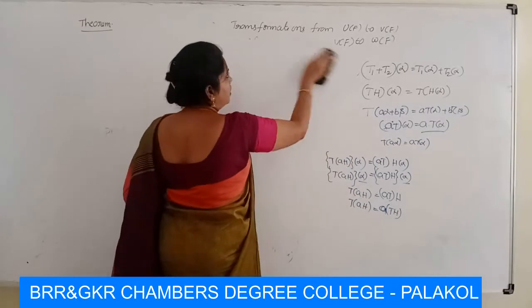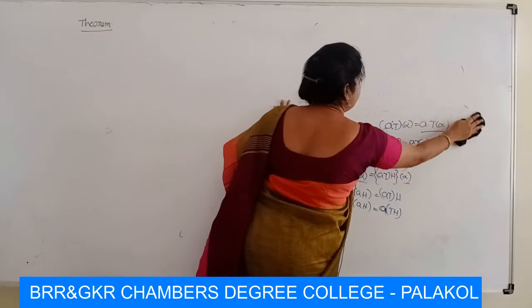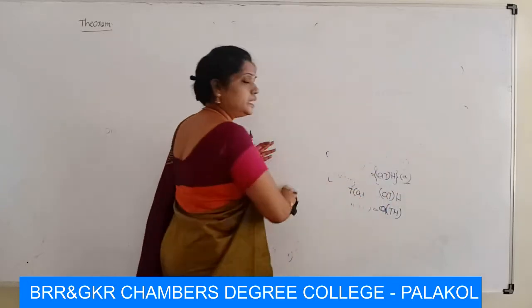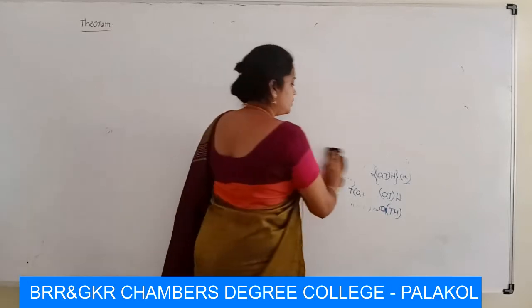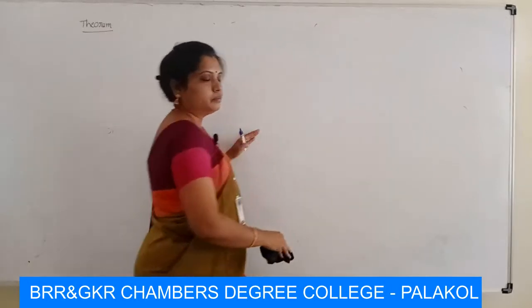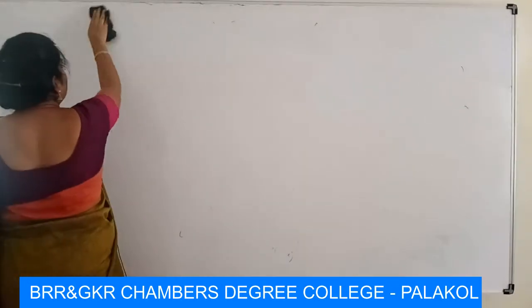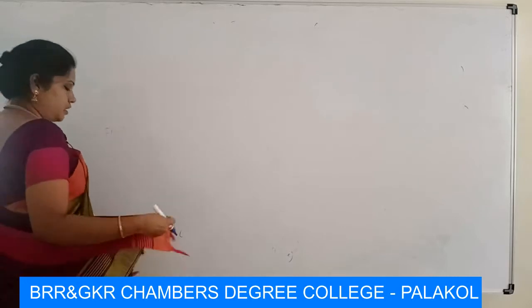That means the transformations map V to V or U to U. If U is a vector space, then the linear operator T maps U to U. That means the domain and codomain are the same. So, the algebra of linear operators.